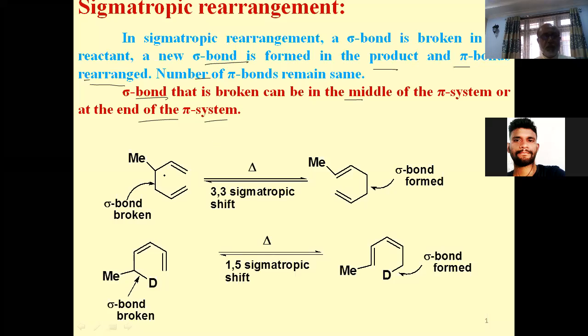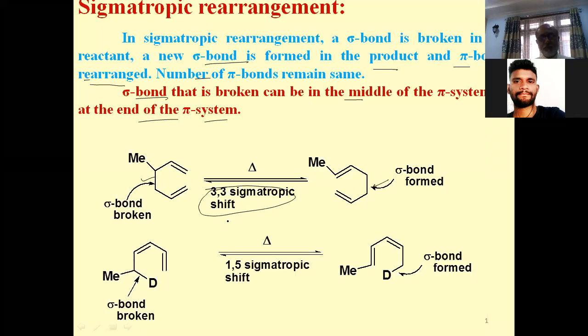So here, what is there? This is a diene, but it is a 1,5 diene system: 1, 2, 3, 4, 5. After this sigma bond is broken, this new sigma bond is formed. This sigmatropic shift is termed as 3-3 sigmatropic shift. Why this is 3-3, you also have to understand.